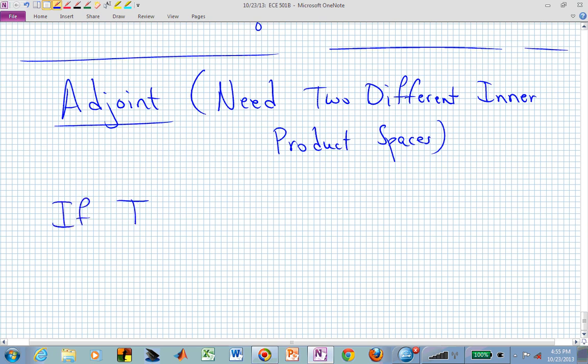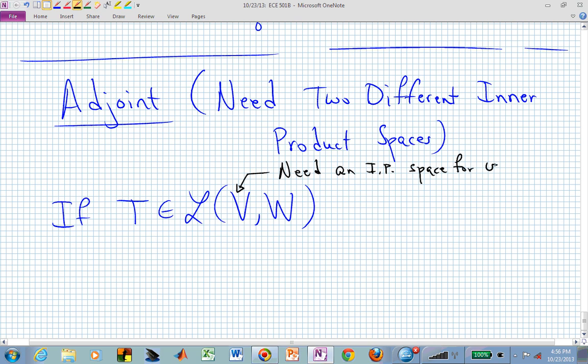So suppose we have a T, which is a linear map between V and W. Meaning we want V to be an inner product space for any vectors in V, and we need an inner product space for vectors in the codomain.